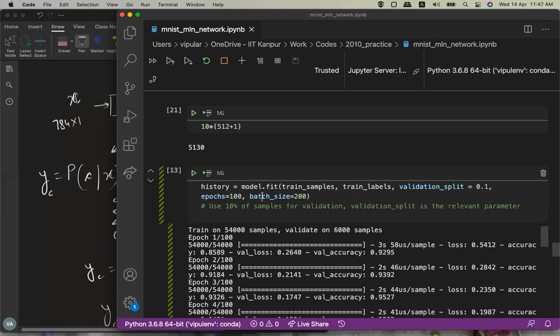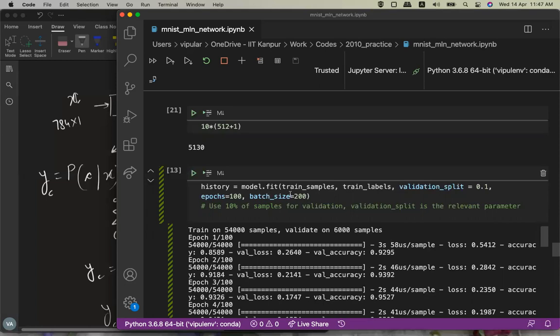So it takes a batch, sees what my delta W is, updates the model, then goes to the next batch, computes delta W, updates the model, and so on. In this way, it trains.